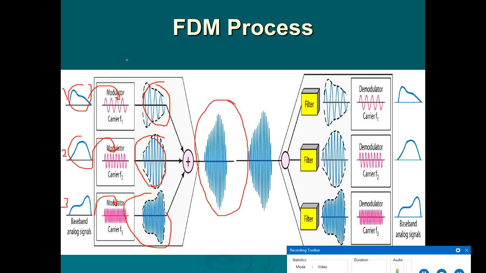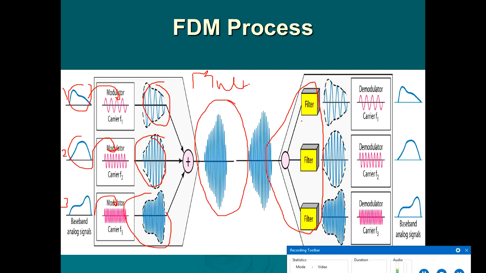At this point, this is called multiplexing. So a multiplexer or a modulator will be used on the sender side. Now at the receiver side, we have something opposite. We have the filters.